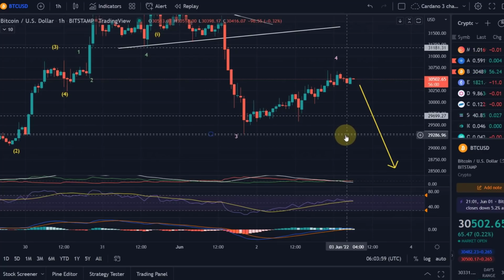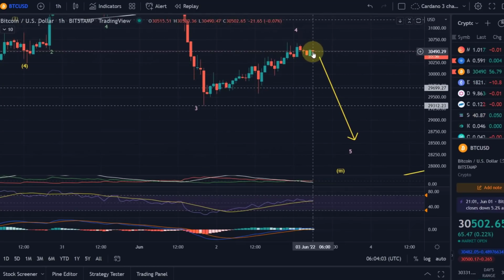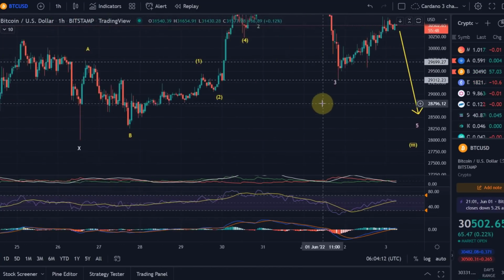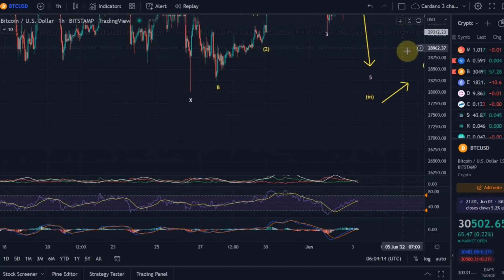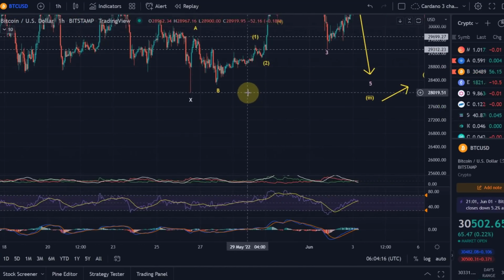That would confirm that the wave 4 is complete. So there are signs that will add up. If we see any bearish signs on the price now, that will already give us an indication, and then 29.3K will be a confirmation that the wave 4 is complete. And then an even better confirmation would be the move below wave X here, which is at 28K. Yeah, and that is my view here about Bitcoin at the moment.